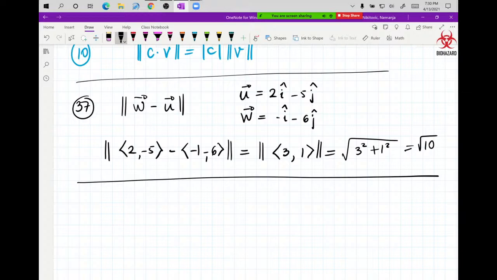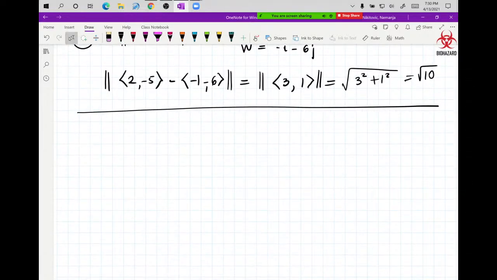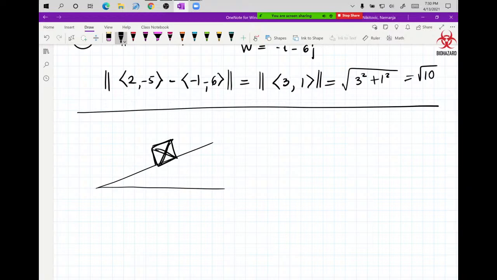Let's see what else we can find. Oh, and as I said, this will be used in physics, because our book has a crate on an incline. And if you think about this, you are going to have a couple of these forces playing the role for this crate.